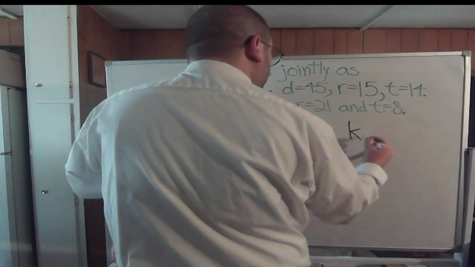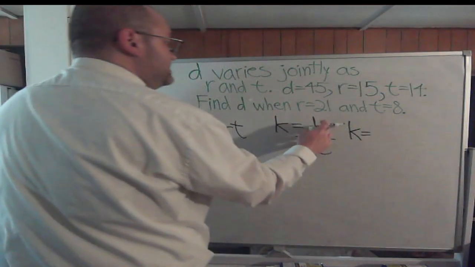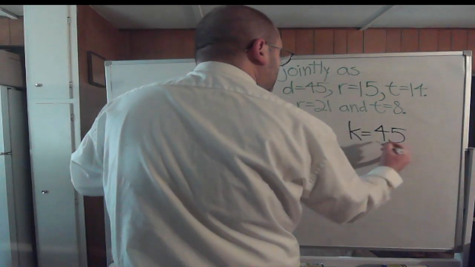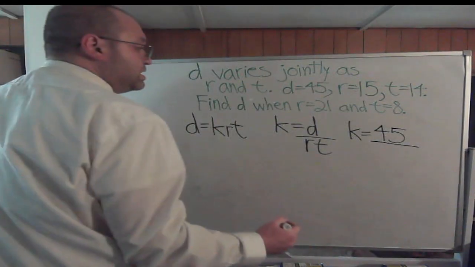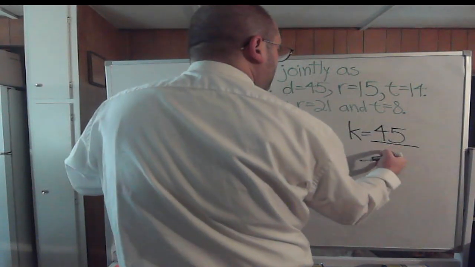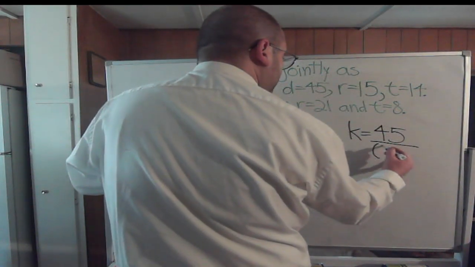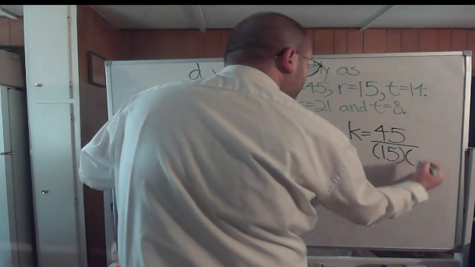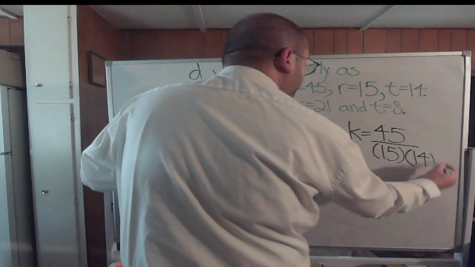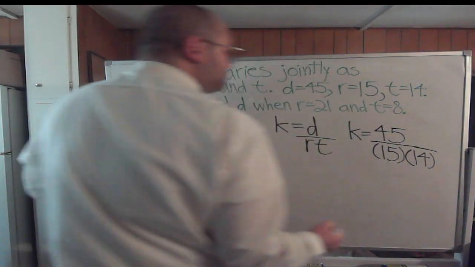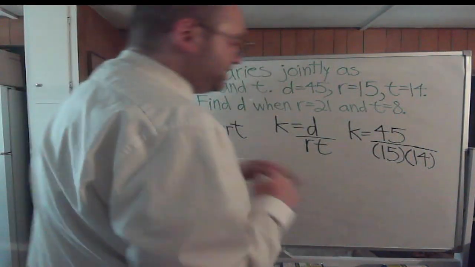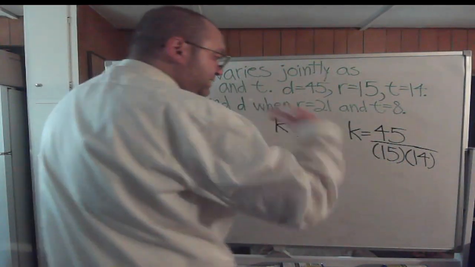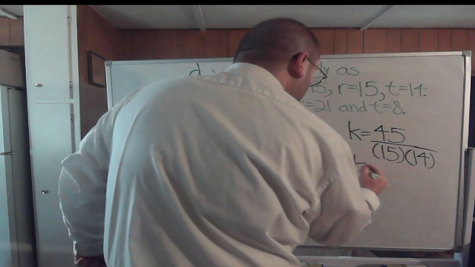So the constant of variation: D is 45 over your R, which is 15, times your T, which is 14. Well, instead of doing the multiplication in the denominator, we know 15 goes into 45 3 times, right?